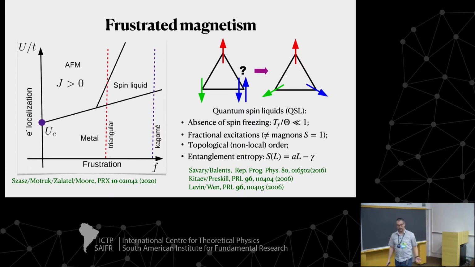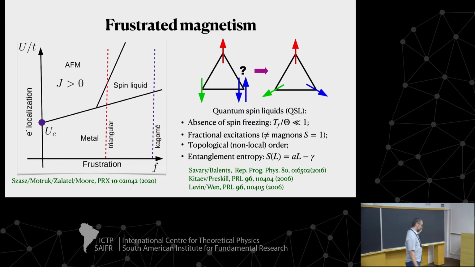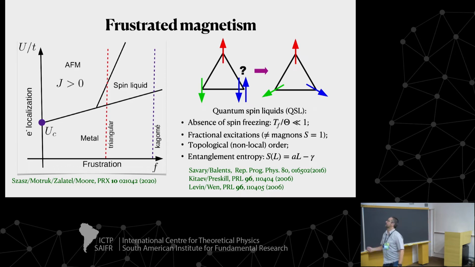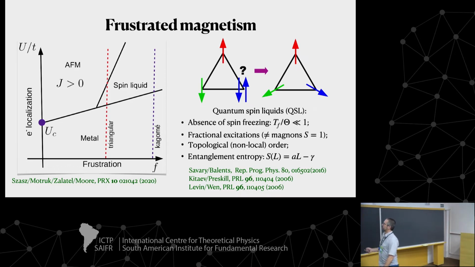This is what makes these systems special, because you do find topology in an interacting system. And for instance, if you have a gapped spin liquid, you have a really nice result in 2D. You can calculate the entanglement entropy. There is a correction to the area law, which is the topological entropy, which uniquely characterizes your ground state. So this is just to show how rich these systems can be.